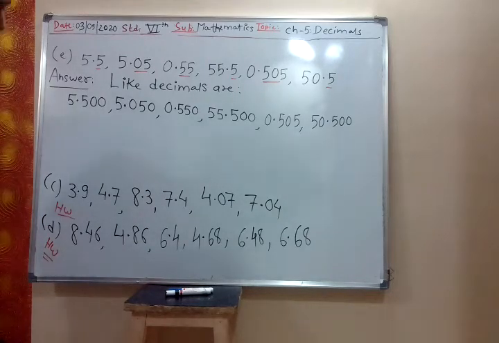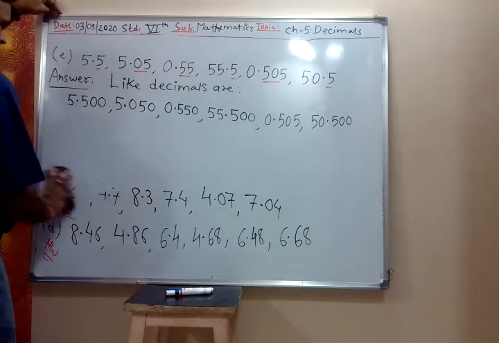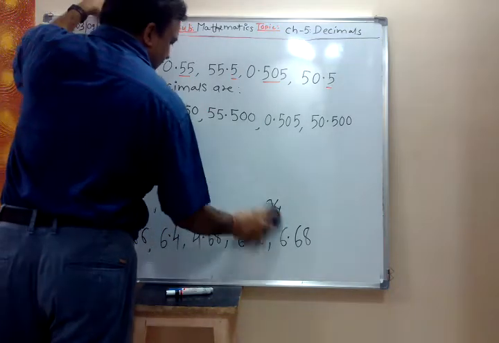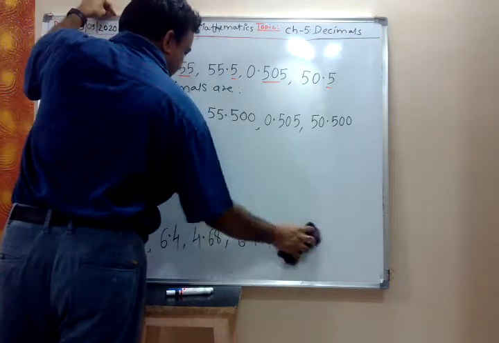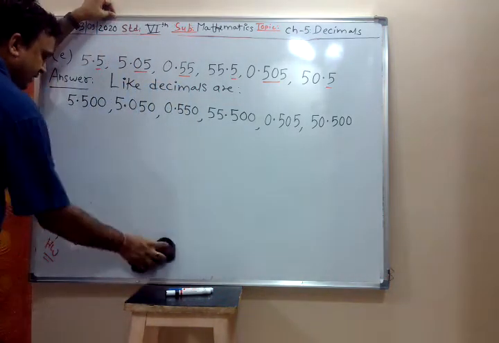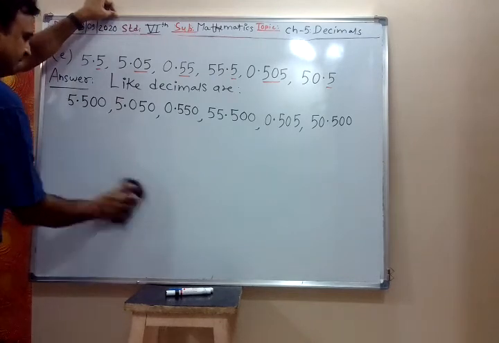After converting them into like decimals, we compare the digits from the left and find the smallest number. For ascending order, we start with the smallest number and end with the largest number.